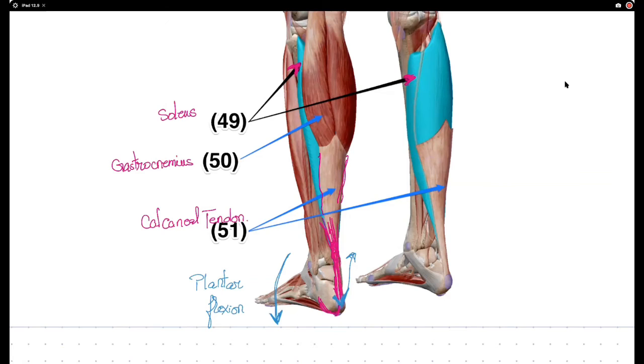So looking at this review and studying and becoming familiar with all the muscles, actions, origins, and insertions that have been listed on your muscles list, this gives you a very good idea about what to expect on the exam.